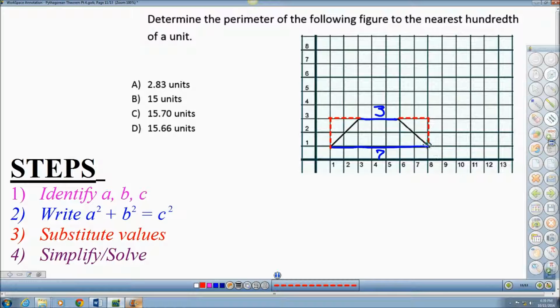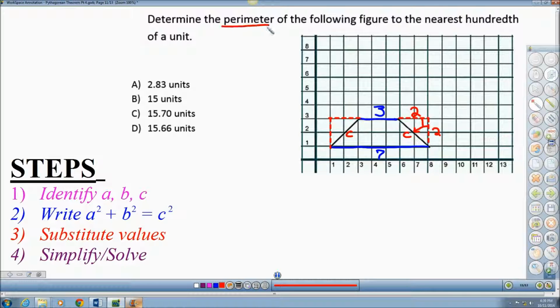If you look at it, you should realize that both of these have the same measurements. So this side is 2 units, and this side is also 2 units. It creates my right angle here to make the right triangle, which points at side C. So I'm missing 2 side C's.